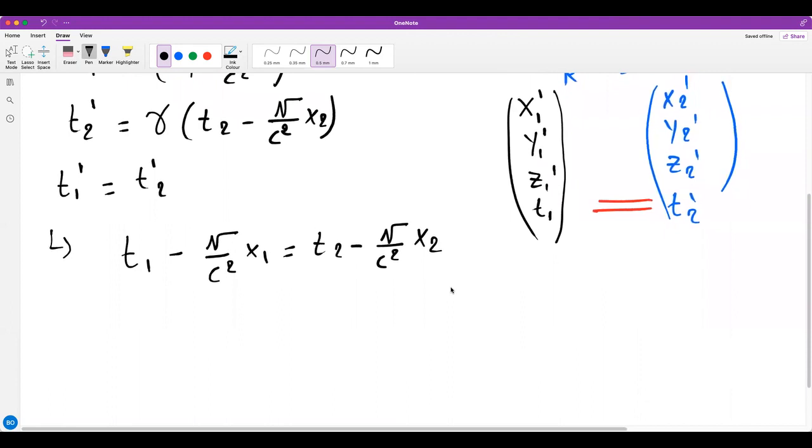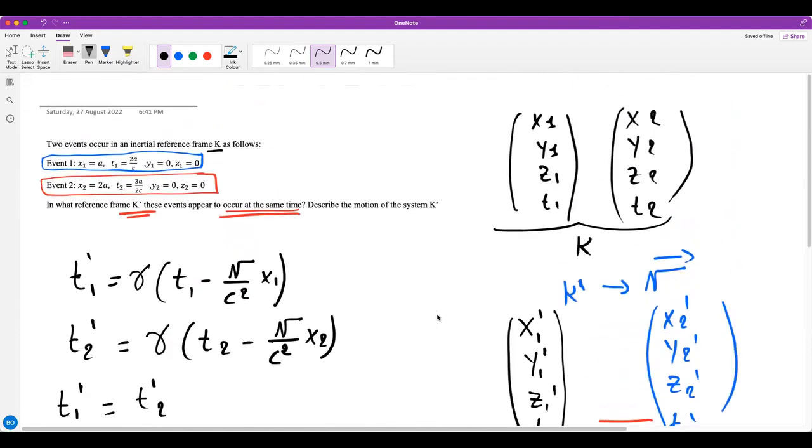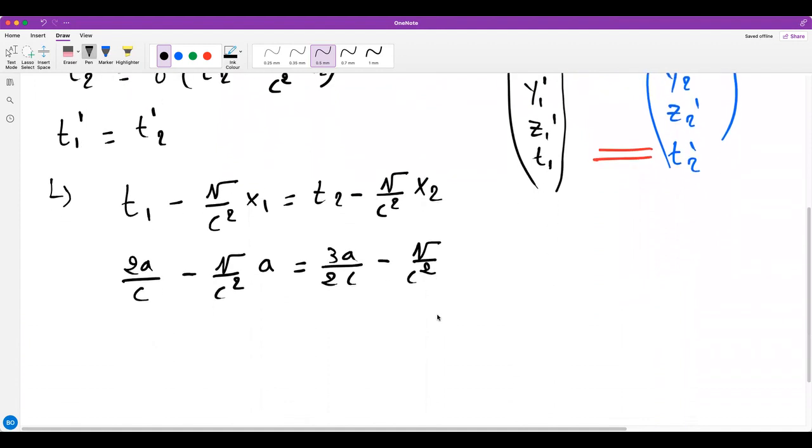We know that t1 is 2a over c, and x1 is a, and t2 is 3a over 2c, and x2 is 2a. So this is multiplied by 2a. Well, I can get rid of a already. And I can also group the v's together.